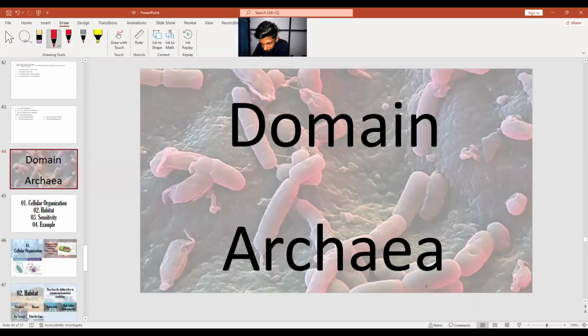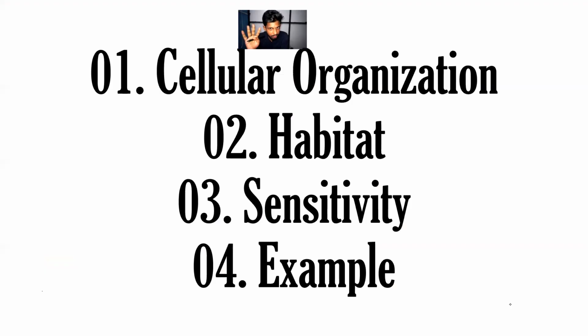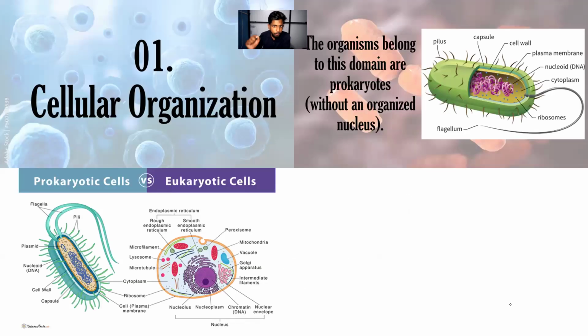For domain archaea, we are going to discuss four things: cellular organization, habitat, sensitivity, example. Cellular organization, you may remember, is prokaryotic or eukaryotic. Prokaryotic cellular organization means they don't have a proper nucleus. Look at the picture here.